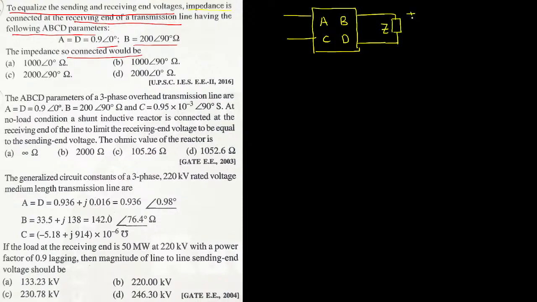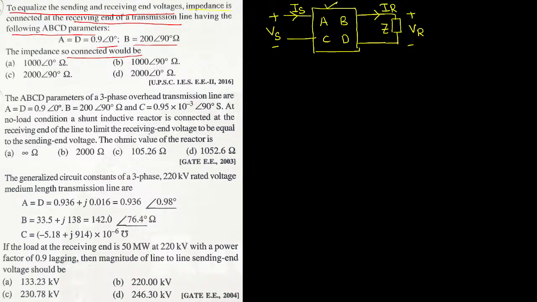At the receiving end, the voltage is called VR and the current that we are receiving is called IR. Next, from the sending end we are going to pass some voltage, we call it VS, and its corresponding current, let me call it IS. Already we know the transmission line has certain ABCD values.